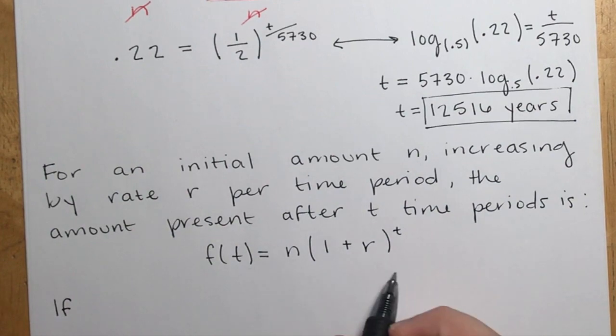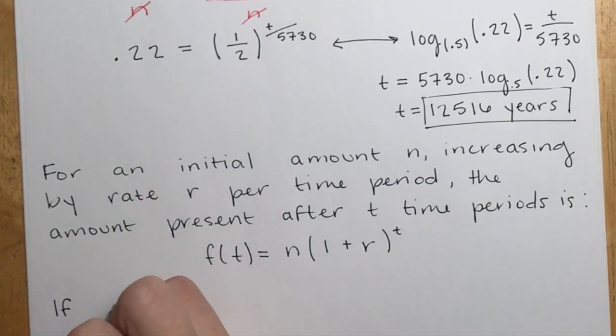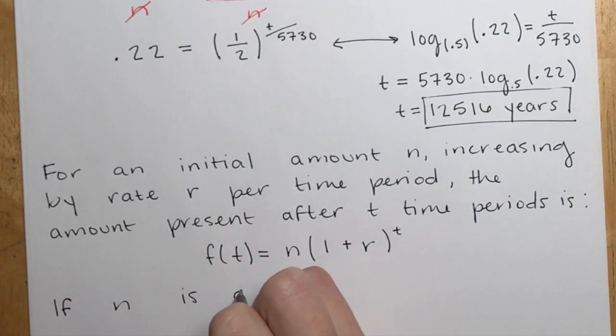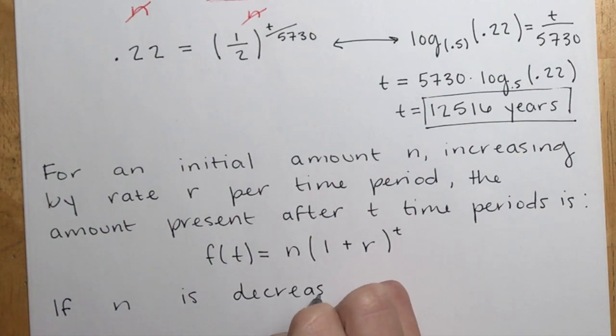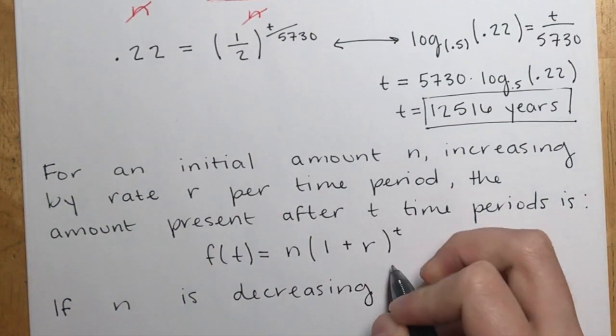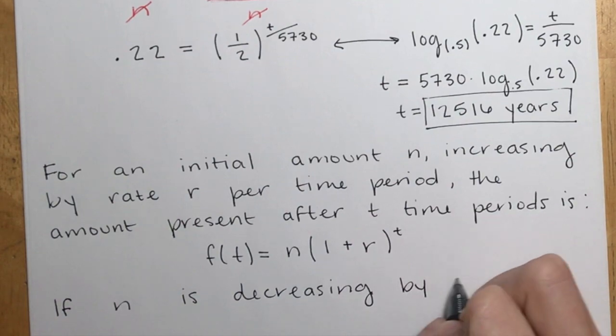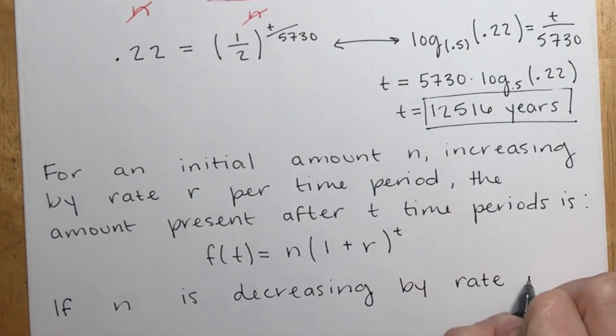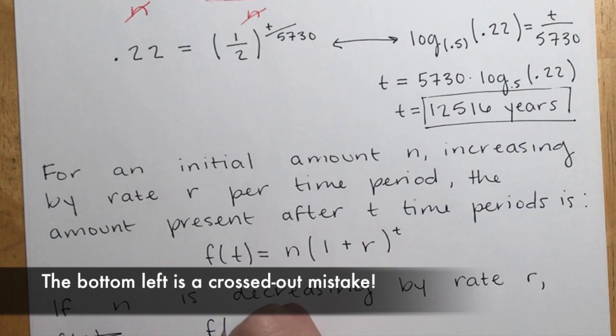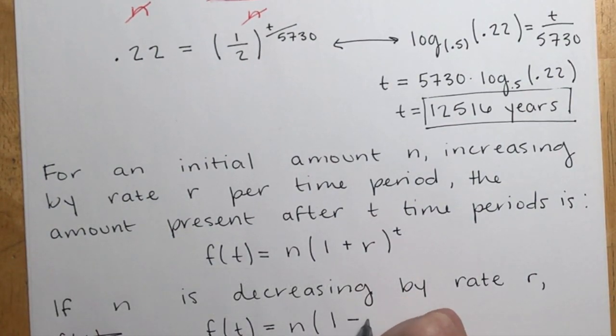I'll talk more about this in just a second. If n is decreasing by rate r, f of t equals n times (1 minus r) to the t.